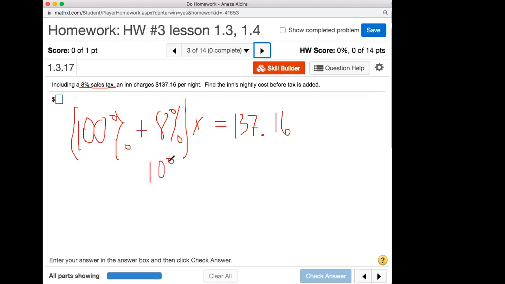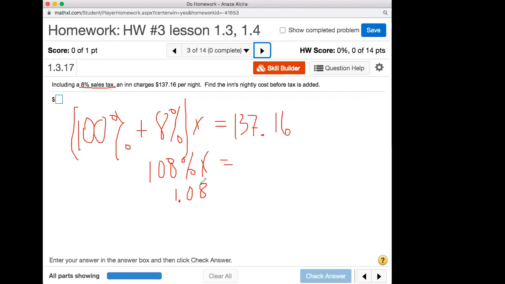Remember, you always change your percents to a decimal. So 108% as a decimal becomes 1.08.